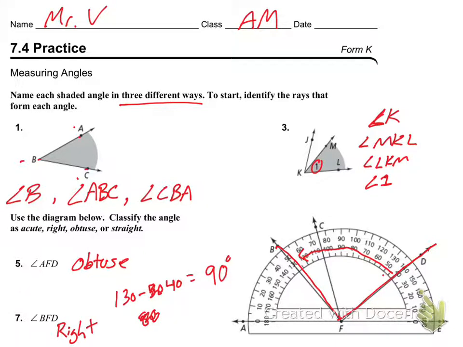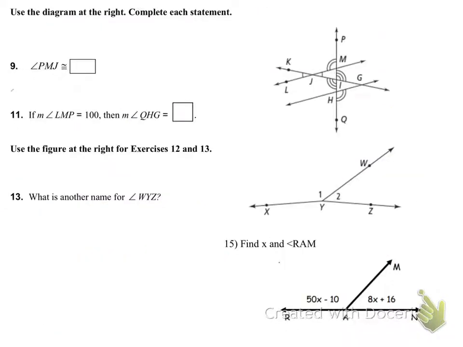So again, I just took this number right here, and I minused this number right here. You could also do it the opposite way. The same angle here, you can take this top number, 140, minus 50. That'll give you 90, and that'll be your right angle.